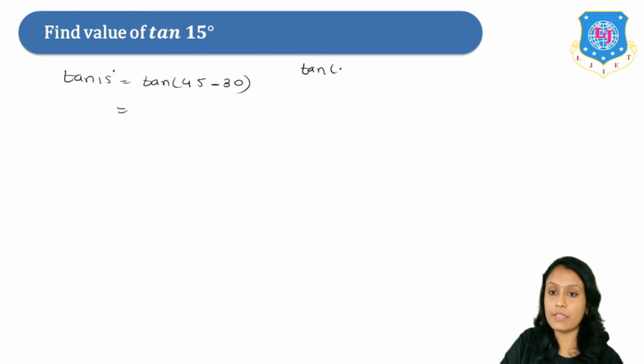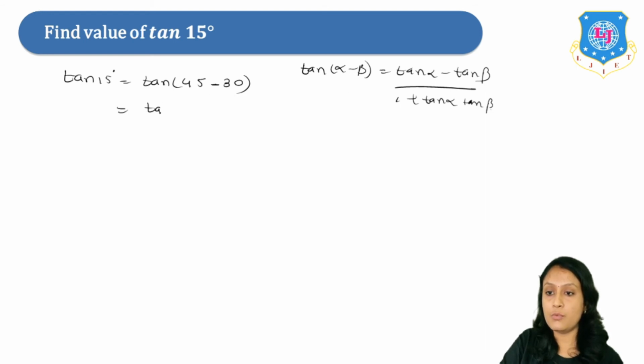So we know that tan alpha minus beta is tan alpha minus tan beta upon 1 plus tan alpha tan beta. So here alpha is 45 and beta is 30, so you will get tan 45 minus tan 30 upon 1 plus tan 45 and tan 30.